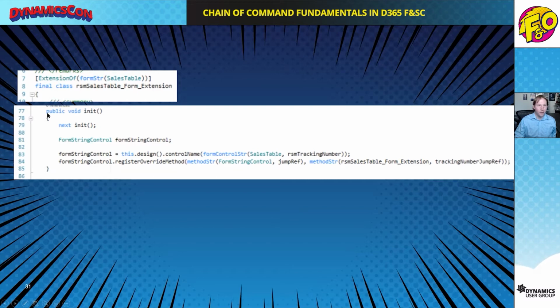Then I'm implementing this init method, or doing chain of command on this init method. I've got next init, so I have to call the base one. I want to do that first. It's going to initialize all my components, run all that base code, and then maybe I've got some additional code. This is where it gets a little fancier, but I'm essentially registering an override method, and I'm actually implementing a jump ref.